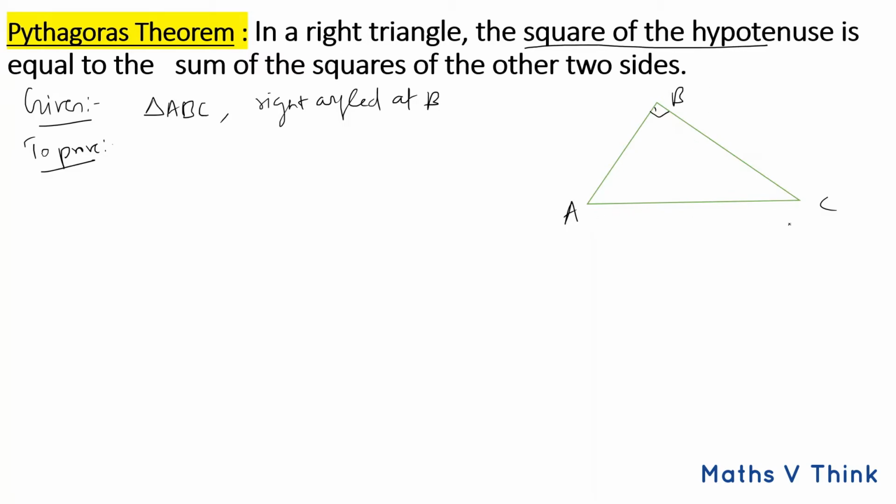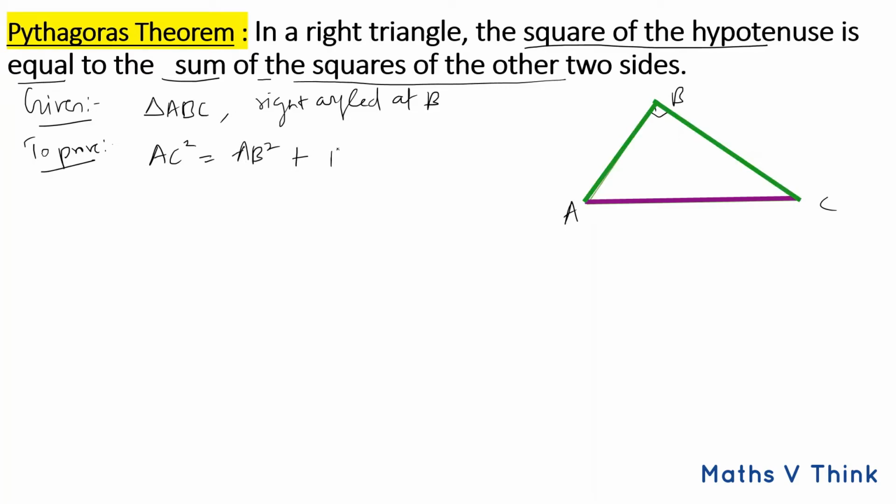So here the hypotenuse is AC. So AC square is equal to the sum of the squares of the other two sides. The other two sides are AB and BC. So AB square plus BC square.